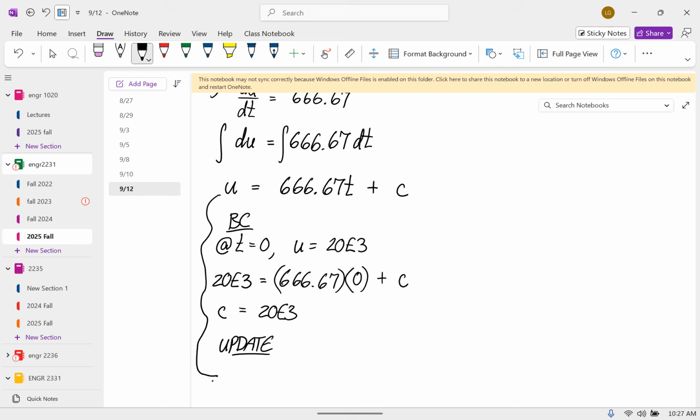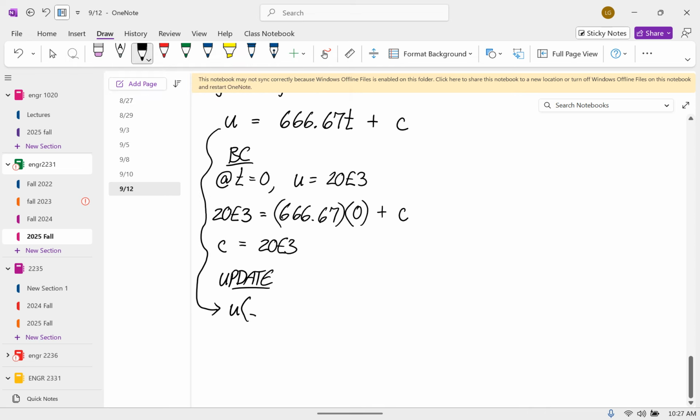This is the function here. That equation is still true. Now we just know what c is. So we have that u as a function of time is equal to 666.67 t plus 20 times 10 to the third. So with that equation, we can calculate what that specific internal energy would be at any time value after that initial case.